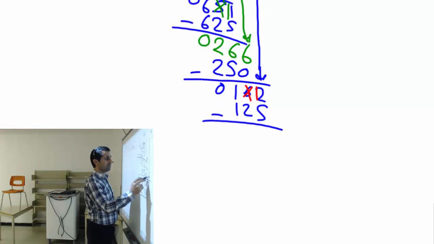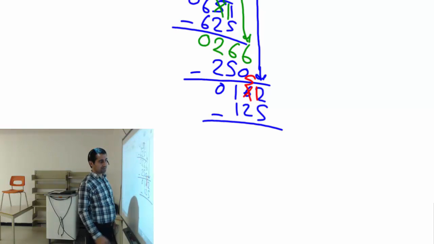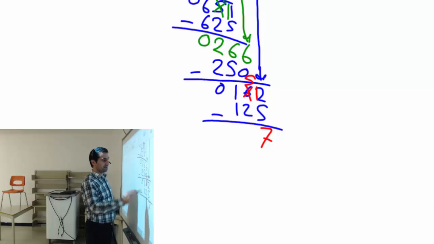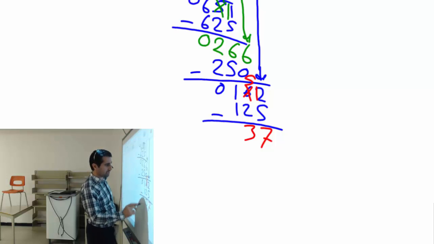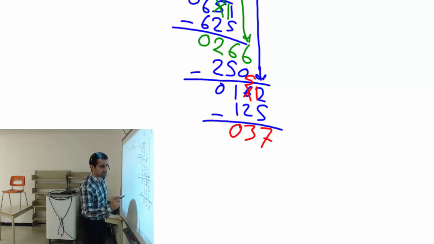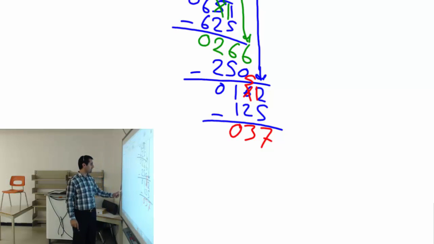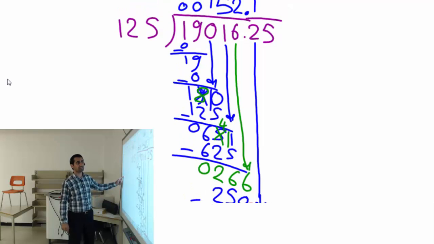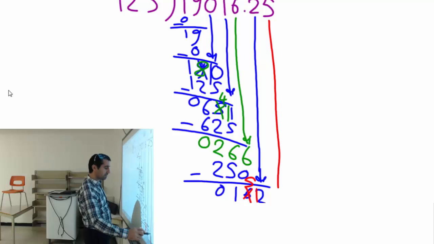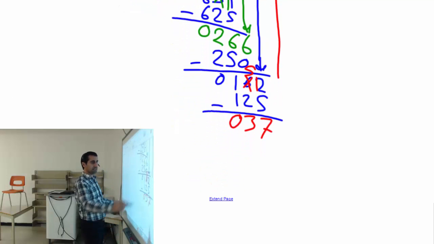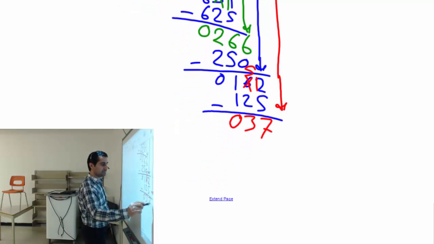This is now 5. 12 minus 5 is 7. 5 minus 2 is 3. 1 minus 1 is 0. So I got 37 there, but I have one more number left. 5. Done.